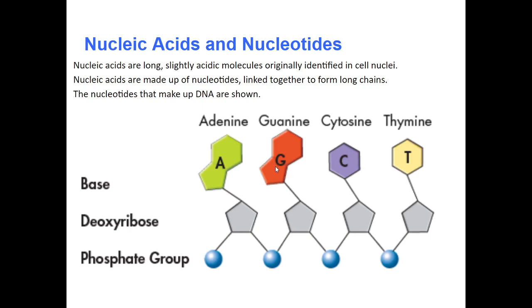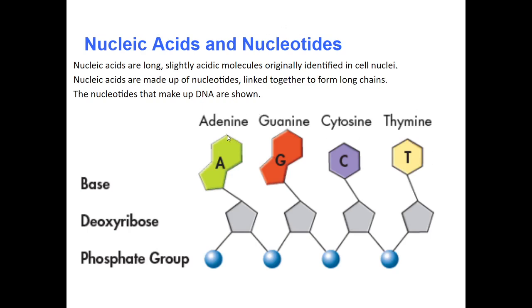Now, one thing I want to tell you while I'm here is that this is one side of DNA. There's a similar one on the other side. I'm just kind of moving my mouse up here to show you. It would be over here. And there's rules about what an A will bond with. So when I talk about an A bonding to a T, if there's an A right here at the end of this side, then right over here, the T would be flipped around and put over here.